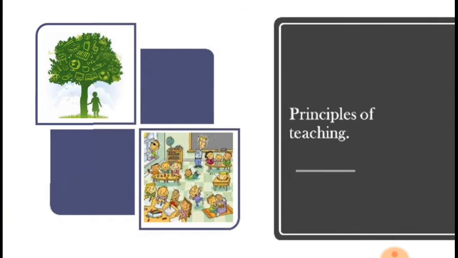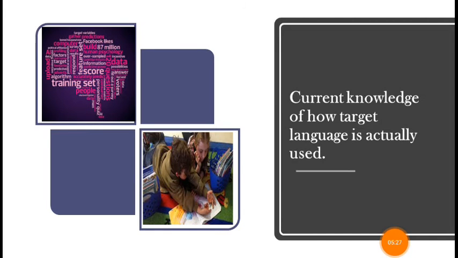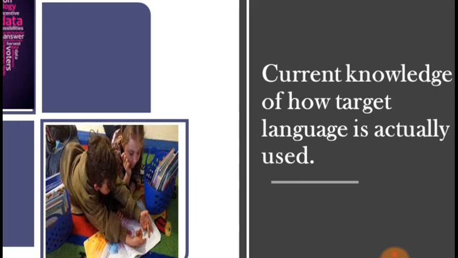The second one that Tomlinson cited is principles of teaching. In this principle, the interaction between the materials, the teacher, and the student is taken into account. Current knowledge of how target language is actually used: educators need to be purposeful in their use of the target language in the classroom, however, not just to use the language for the sake of using it.